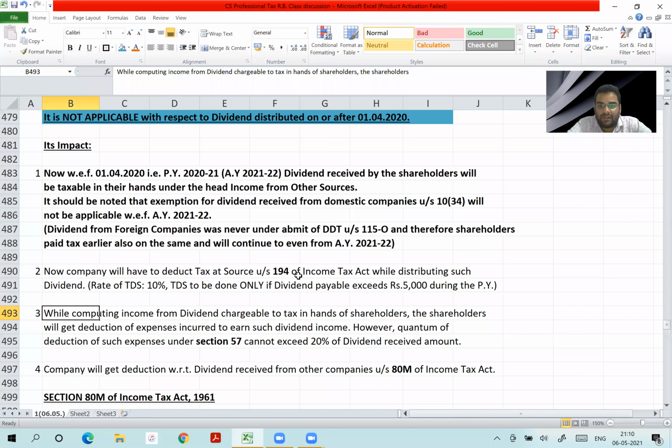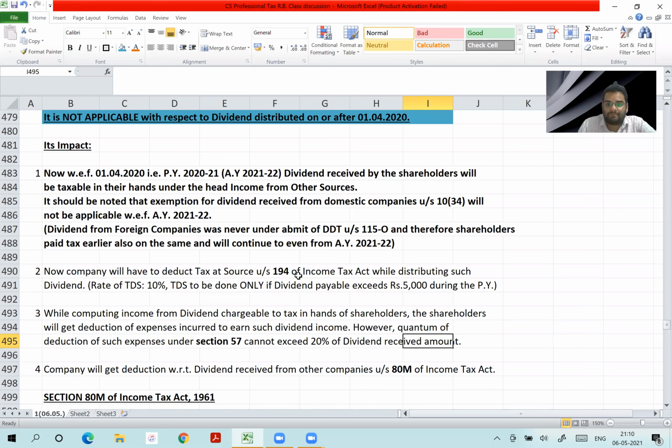Perfect. I will get deduction. The limit of that deduction will be 20% of dividend received amount. So up to 2,000 rupees, I could have taken deduction in this case. Got the point?